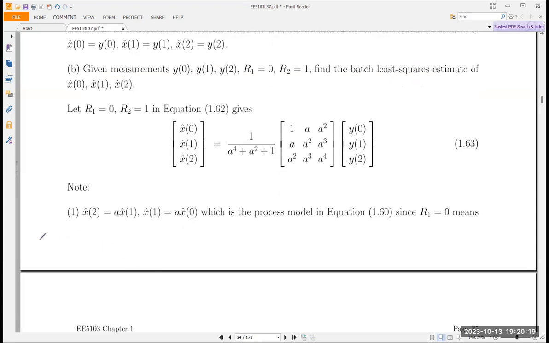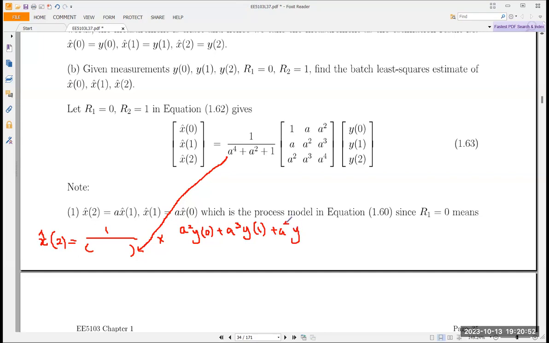So X2 hat is 1 over this, which is this side. Okay? Multiply by A square Y naught plus A cube Y1 plus A 4 Y2. All right. Then what is X1?